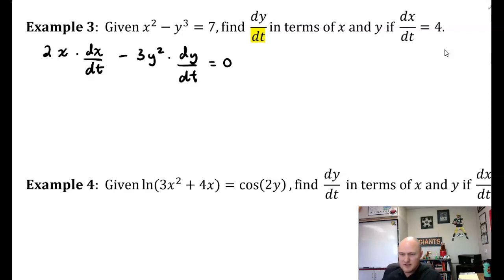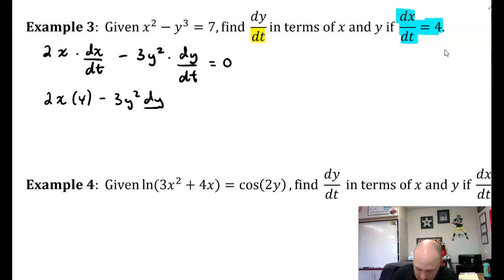0. So now they say, okay, well, what if dx/dt is 4? So we can go ahead and substitute that in here. So 2x times 4 minus 3y squared dy/dt. And again, I need to find dy/dt. So it looks like negative 3y squared dy/dt is equal to negative 8x.